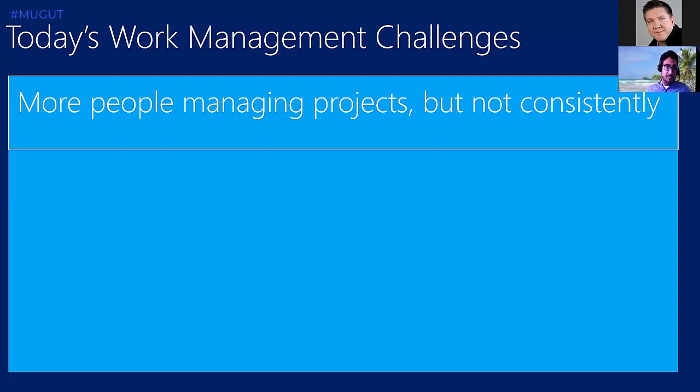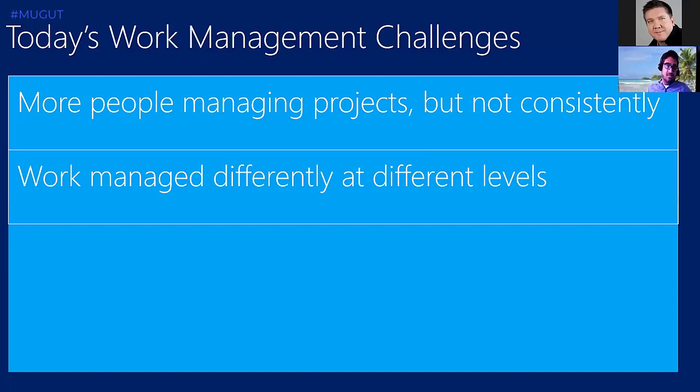That's our first problem. The second problem is the work is managed differently at different levels. What do I mean by that? When you're talking about an enterprise level PMO, a project management organization, the way they look at work is different from an engineer who is just trying to get the work done. And in the sandwich in between, the project managers are sandwiched between those two levels, where they are trying to plan the work but also get the work done.